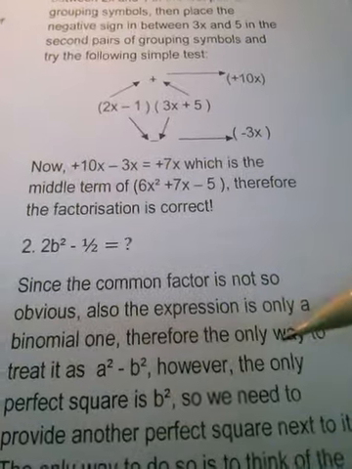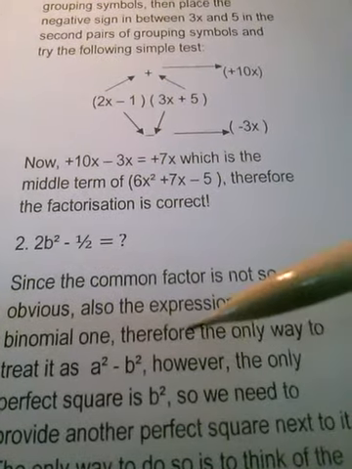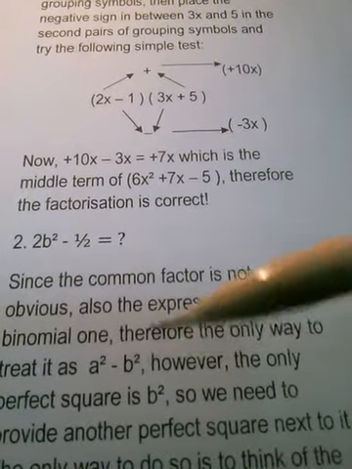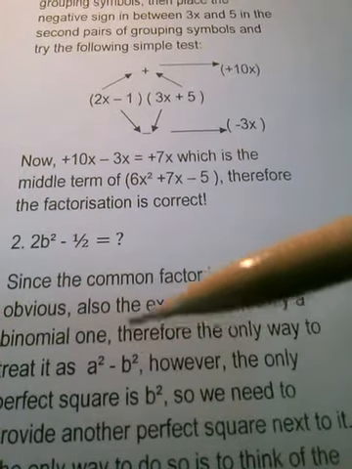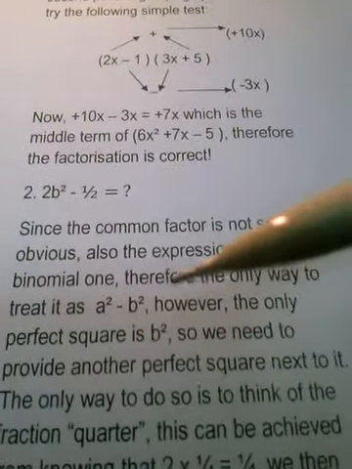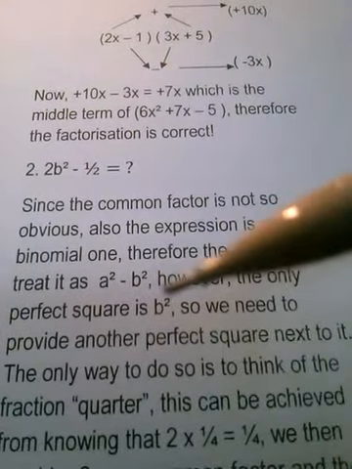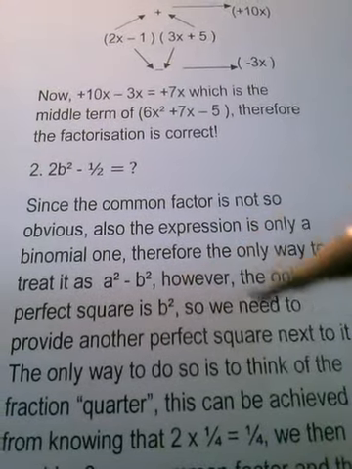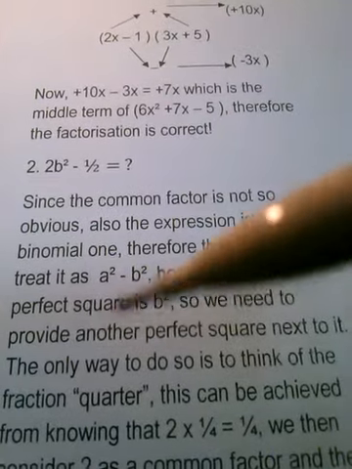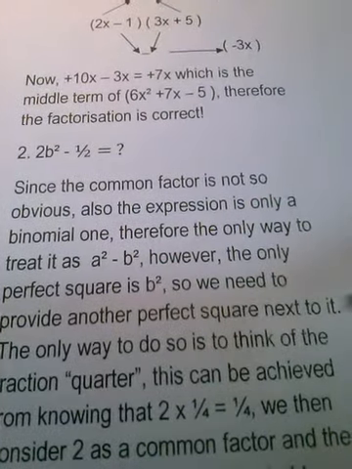Therefore, the only way to treat it is as the difference of two squares, which is a squared minus b squared. However, the only perfect square is b squared. So we need to provide another perfect square next to it.